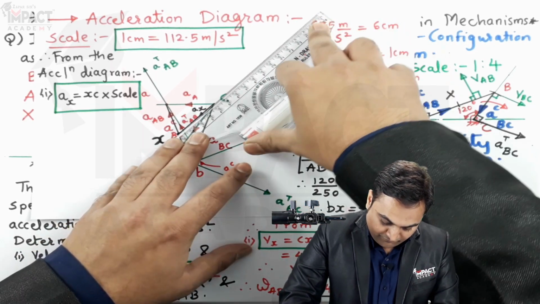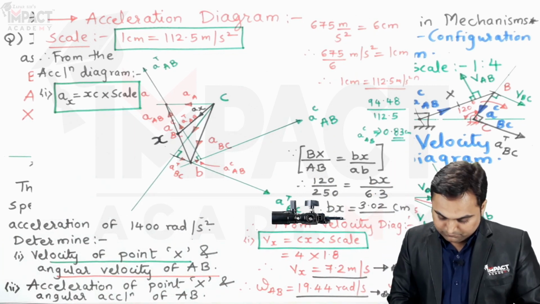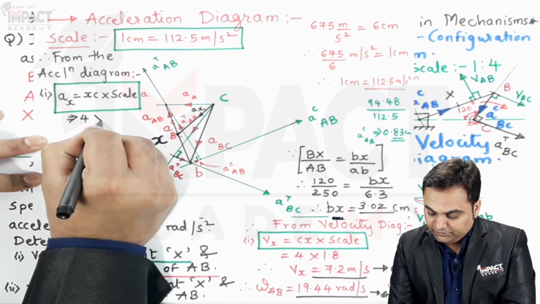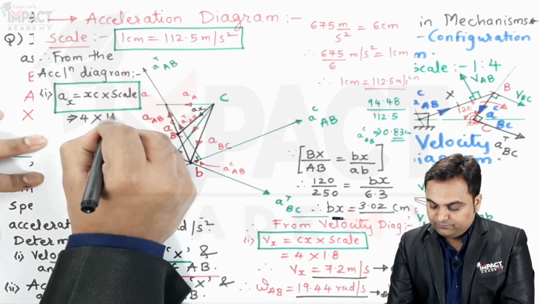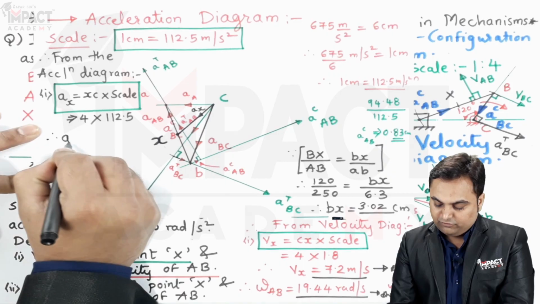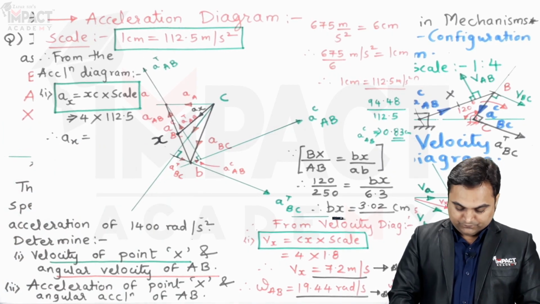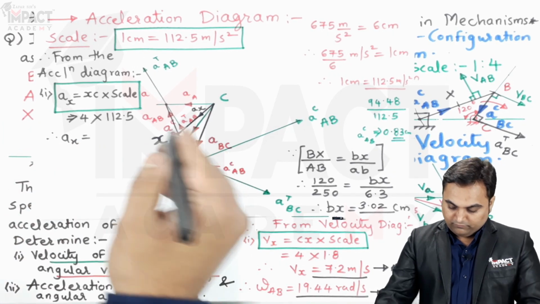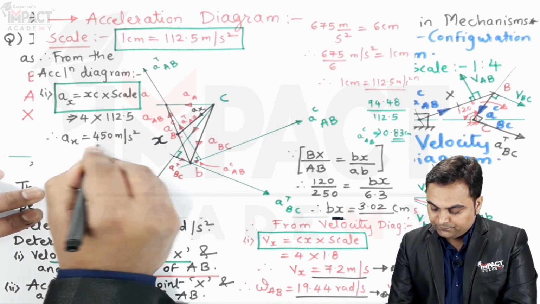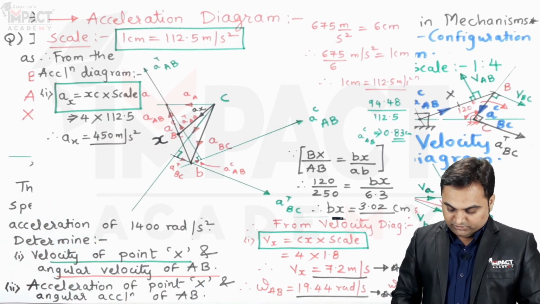It comes out to be 4 centimeters. So 4 into the scale, which is 112.5, and the answer for the acceleration of point X is 450 meter per second square. So that's the third answer.